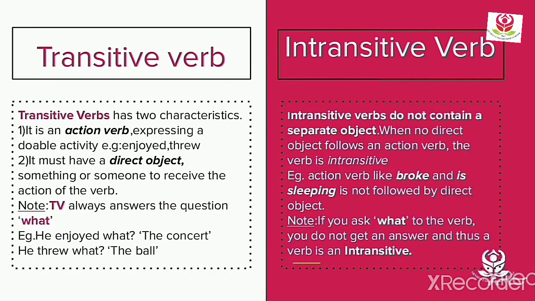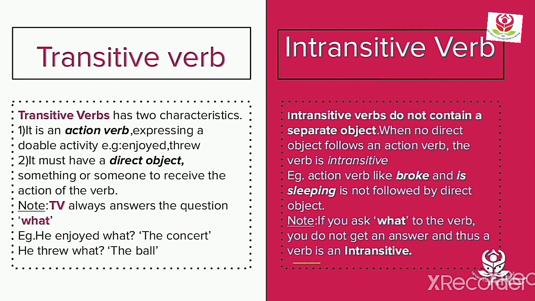Now let's go ahead. What do we mean by transitive verb and intransitive verb? Transitive verbs have two characteristics. It is an action verb which is expressing a doable activity, for example enjoyed, threw, which you have done beforehand.